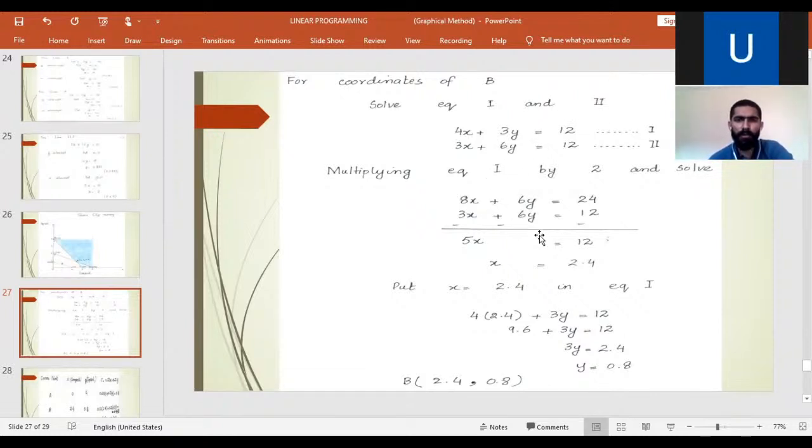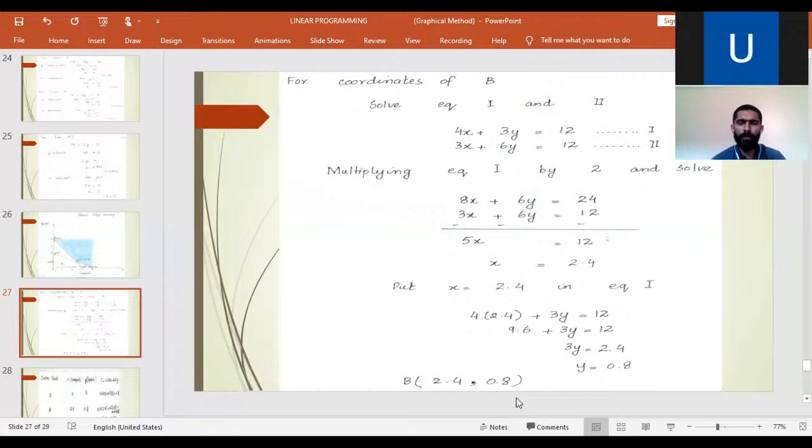When we subtract, we get 5x is equal to 2.4, so x is equal to 0.4. We put this value of x in equation 1 in order to get the value of y, which is y is equal to 0. This is the value of coordinate B, which is 2.4 and 0.